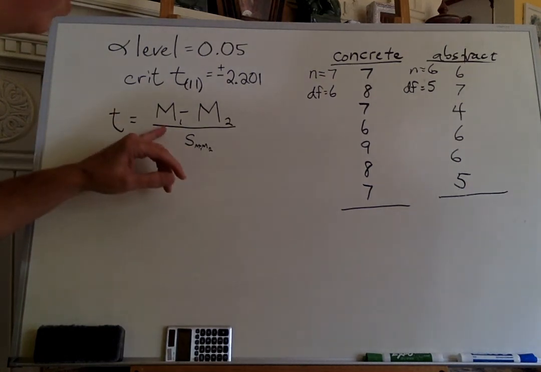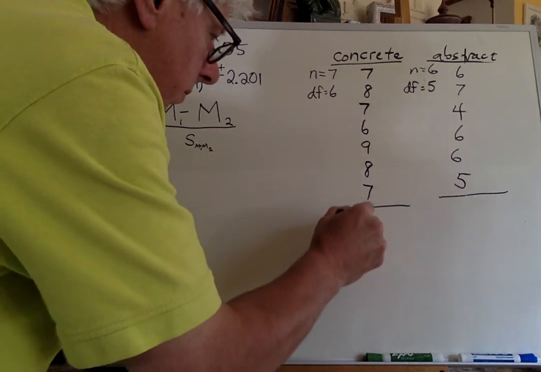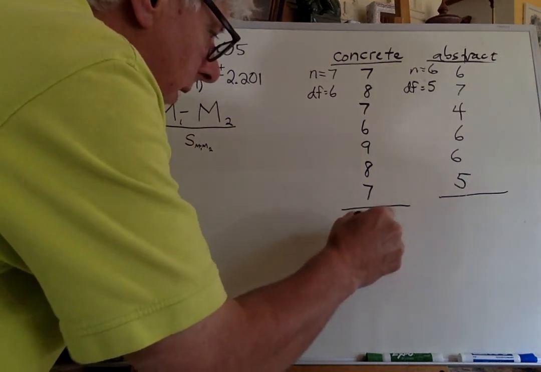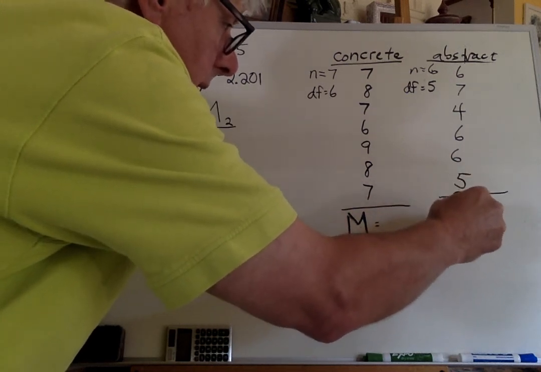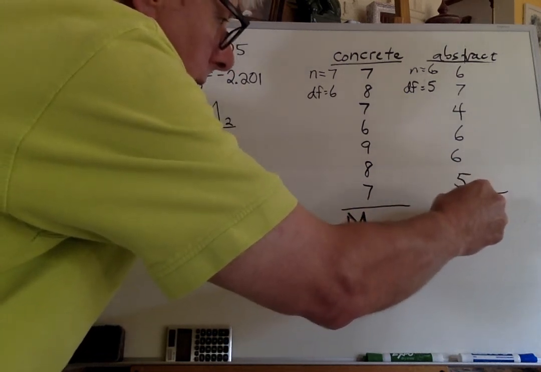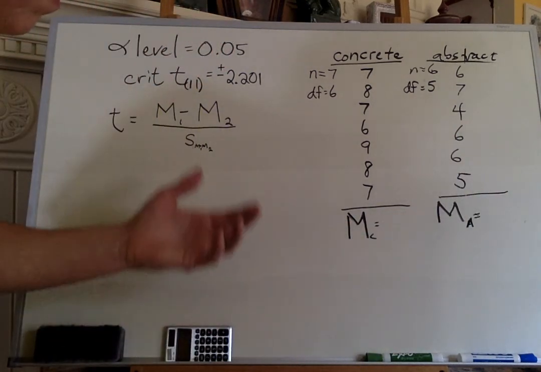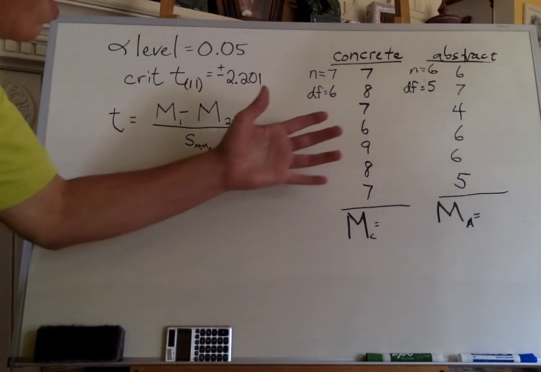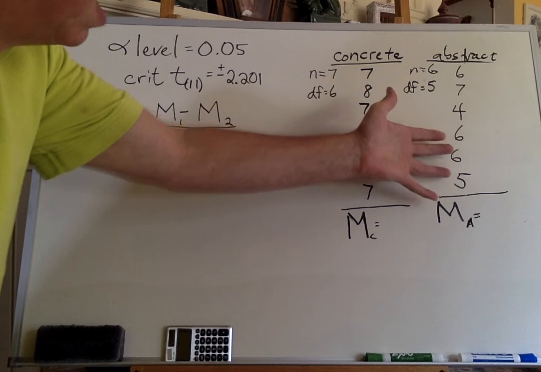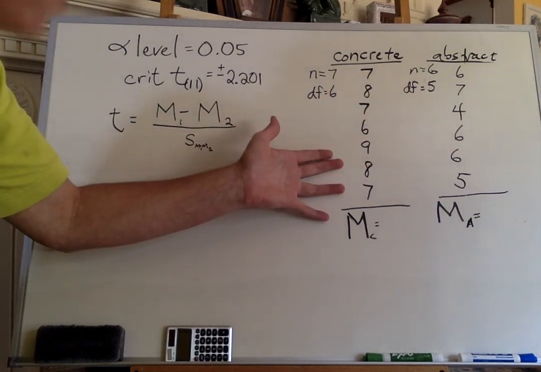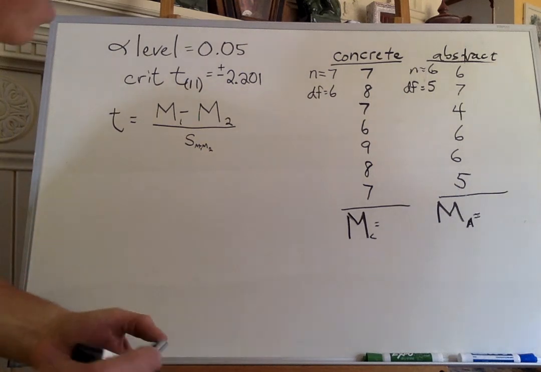Let's first do our means for these two groups, the mean for the concrete and the mean for the abstract group. Once again, there's no particular reason why I have the concrete group first and the abstract group second. I could put the abstract group first and the concrete group second. It just doesn't really matter.